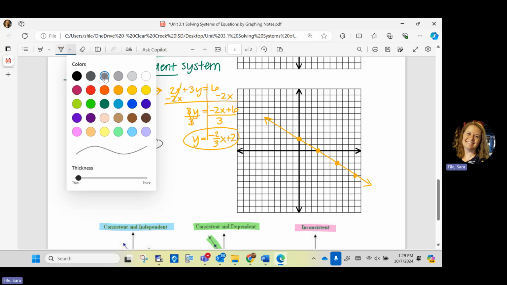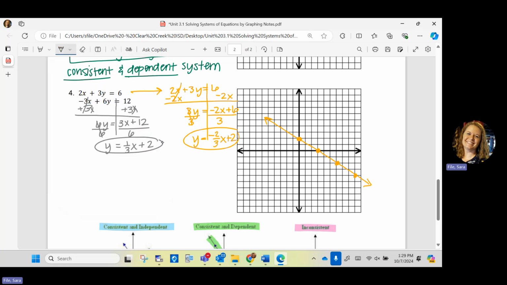Okay, and then the other line also had a y-intercept at 2, but a slope of 1/3. So that's rise 1, run 3. So you get yourself a handful of points and you draw that line.